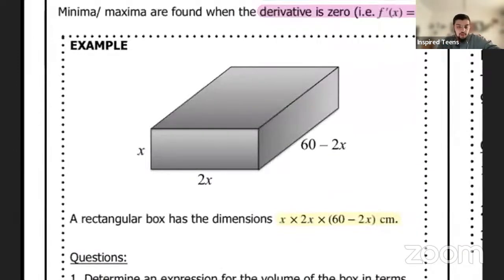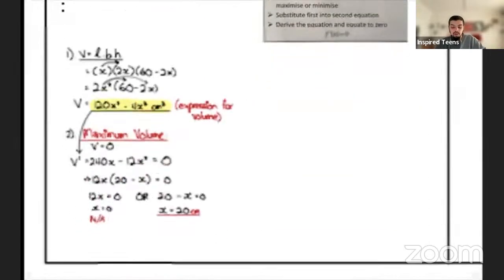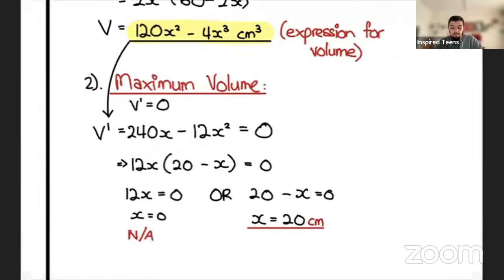We formulated an equation to calculate the volume, derived it and equated to 0, because that's always how you find maximum. We solved for x, and this gives us the value of x that would result in maximum volume.